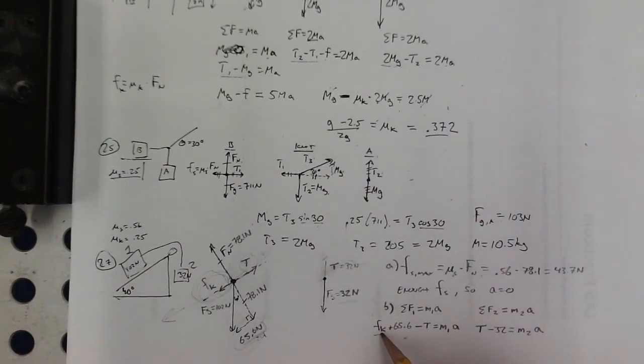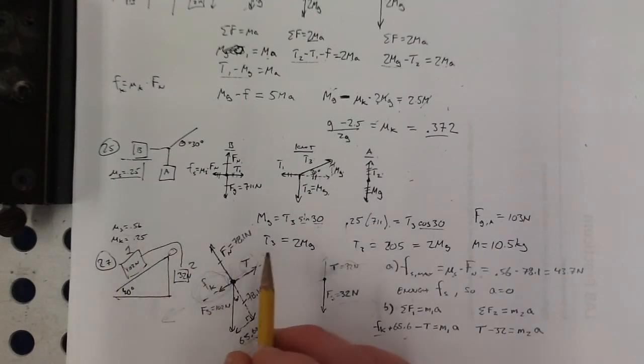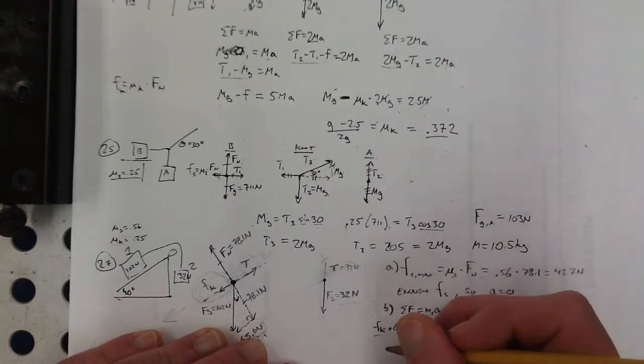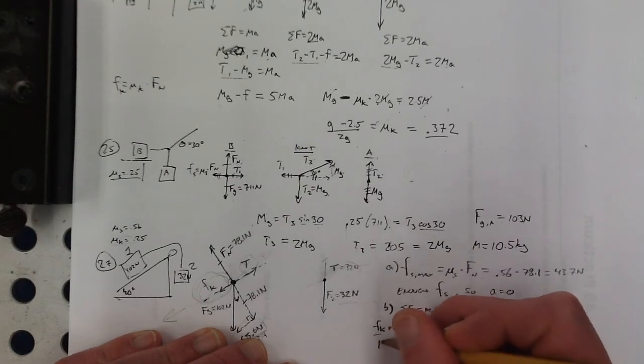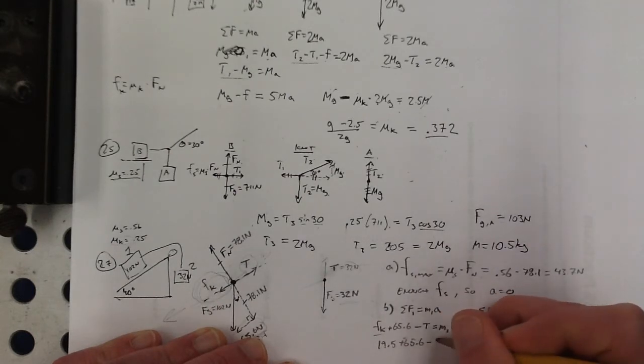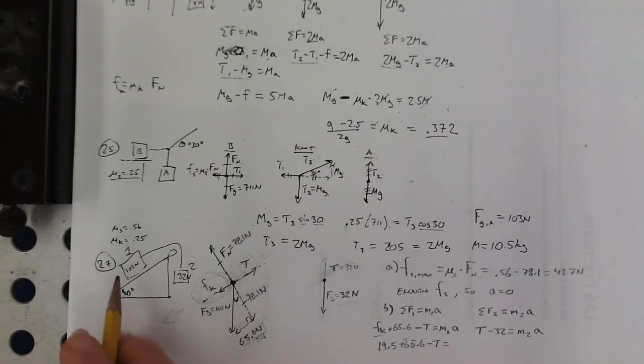My kinetic friction is mu k times the normal force. So that's 0.25 times the 78.1. That's 19.5 plus 65.6 minus T. And then the mass of this, they gave the weight, so I'm going to have to divide that by 9.8 to get back to the mass.